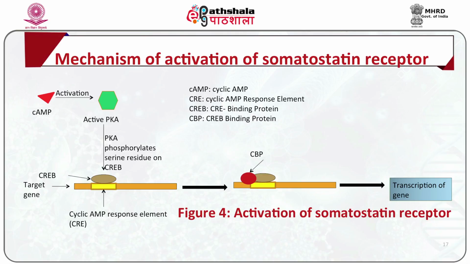When PKA phosphorylates CREB on a single serine, a transcriptional coactivator called CREB binding protein, CBP, binds to it and activates the transcription of the target gene. If the serine has some mutation, none of these proteins can bind and thus it inhibits the transcription even if the cAMP levels are high.